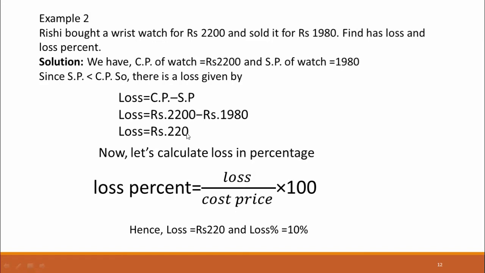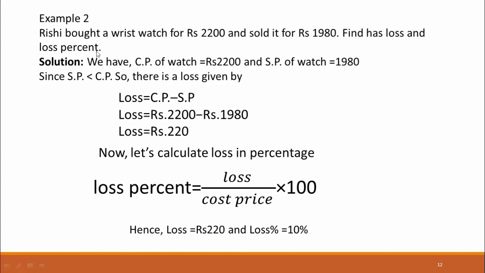Now let's calculate the loss in percentage. First of all, find the loss and then find the loss in percentage if required. Since in this example we need to find the loss and loss percent, first of all, find the loss. But how can we find the loss?